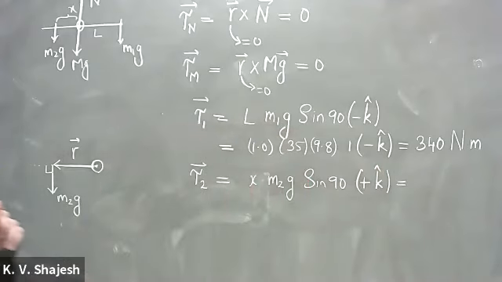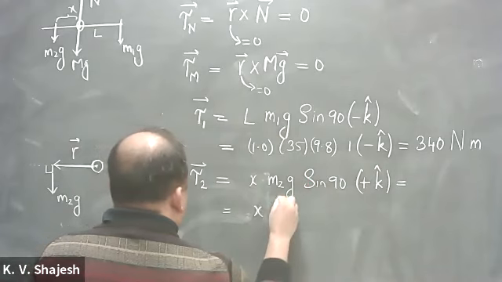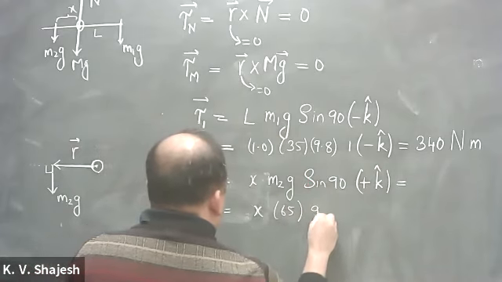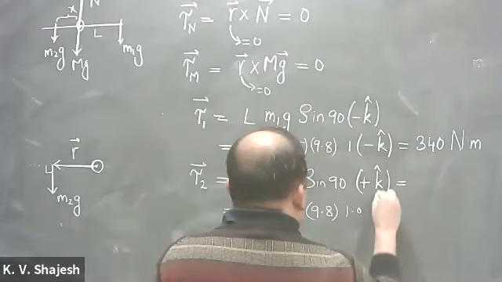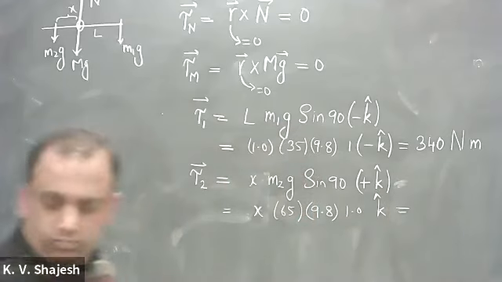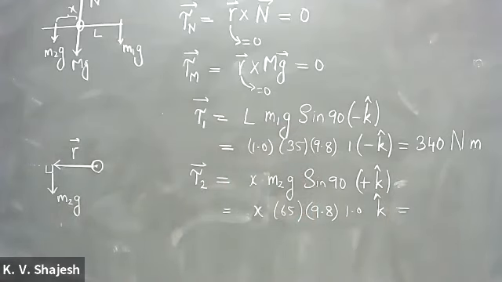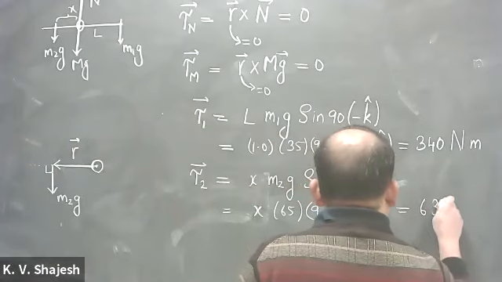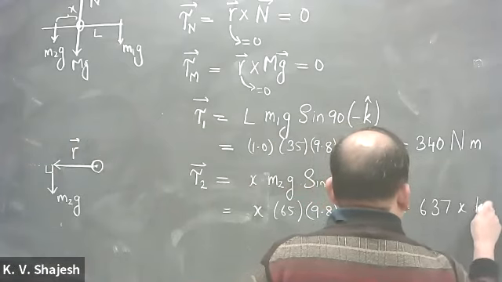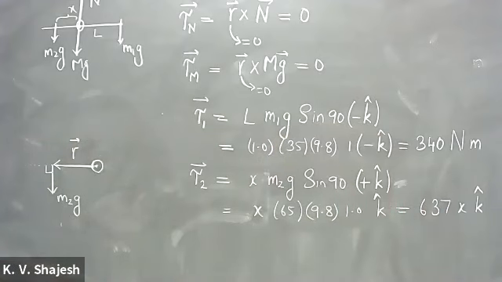M2 was 65, so this is x times 65 times 9.8 times 1.0 times k hat, which is 637x in the k hat direction. So x has to be determined.